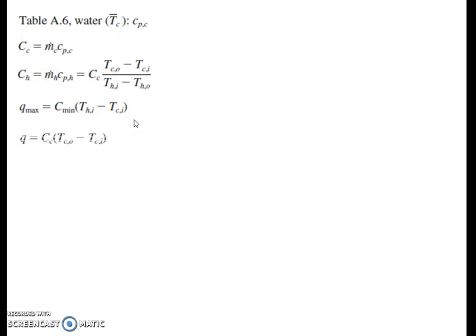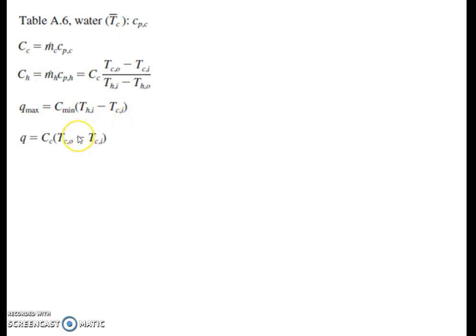Then we can calculate the hot capacity by using the energy balance for the hot and the cold. Based on this equation, we will calculate the C hot. Then we identify which one is the minimum based on the results. After this, we calculate the maximum heat by using the C minimum with the temperature differential of the inlets for the hot and the cold.